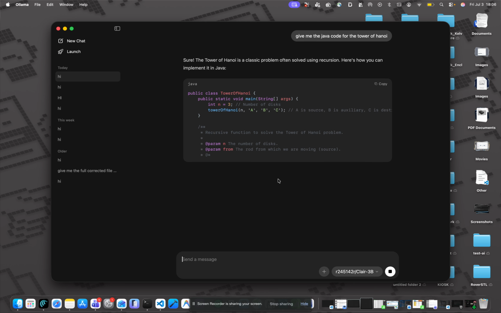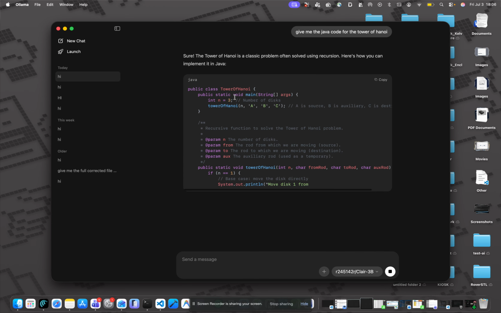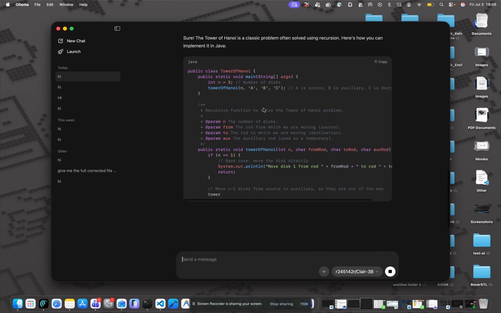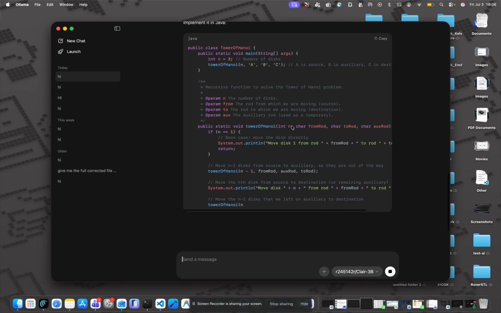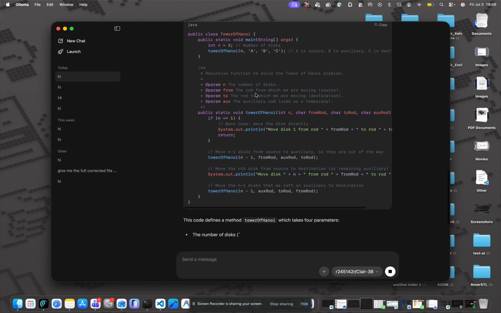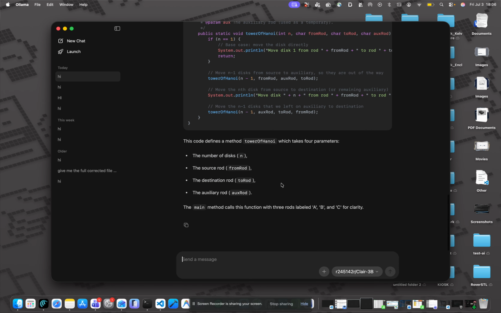It generates the public class TowerOfHanoi, declares the public static void main, and initializes the variables int n equals 3, TowerOfHanoi(n, a, b, c). Then it gives us the code. It's telling us that n is the number of disks. Then we've got the source rod, the destination, and the auxiliary.